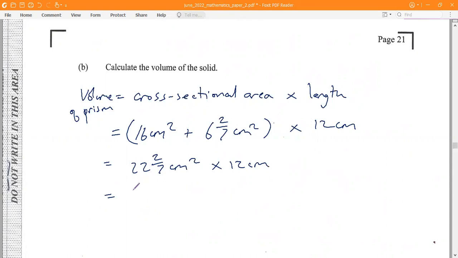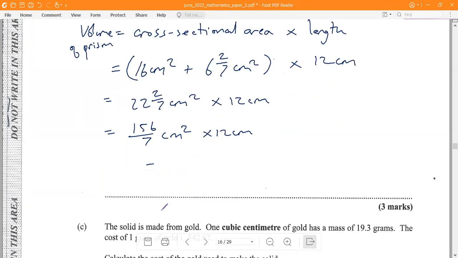If we change it to an improper fraction, it is 156 over 7, multiplied by 12. Remember, 7 times 22 is 154, plus 2 is 156. With our calculators, 156 times 12 divided by 7, in decimal form, is 267.4 cm cubed. This is the volume of our solid.